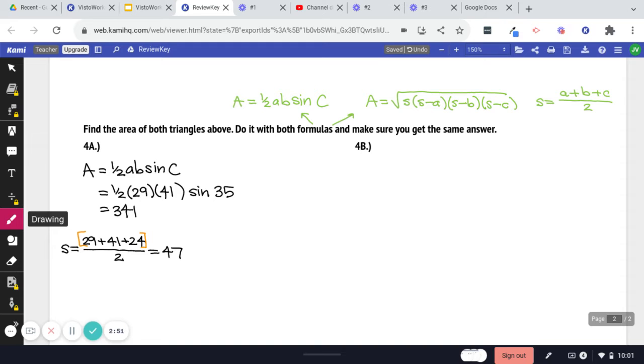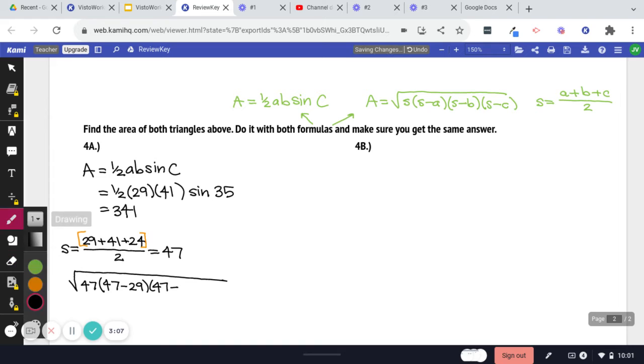So then I'm going to go to this formula, and I'm just going to set up a giant square root, and it's going to be 47 times 47 minus 29, times 47 minus 41, times 47 minus 24.